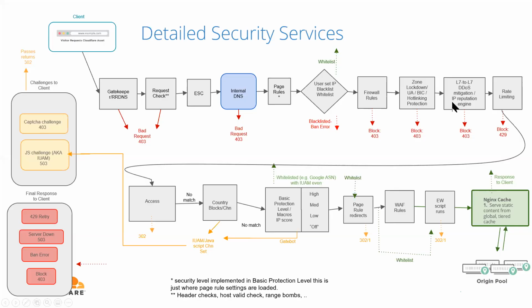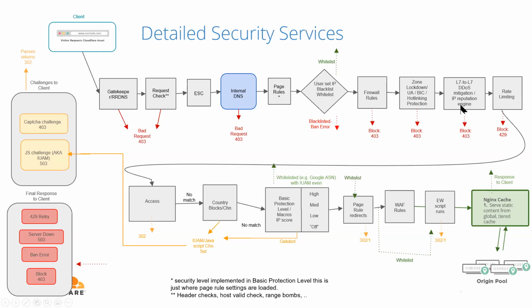And it will go to the DDoS mitigation or IP reputation engine. If this one also passed and Cloudflare determined that this request is not a DDoS attack, and it does not hit any IP reputation database, it is not marked as bad, then it will go through.